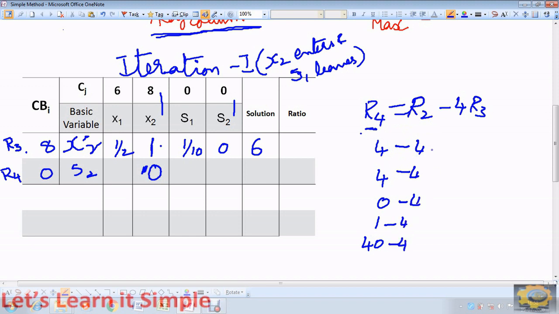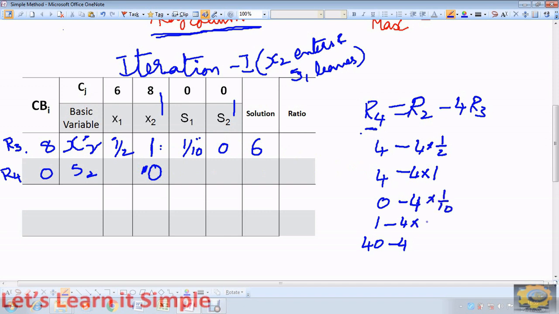Okay, 4R3. So what is the place in R3 here? We have 1 by 2, so bring 1 by 2 here. Now for the second element we have 1 here, so bring 1 here. Now for the third we have 1 by 10, so bring 1 by 10 here.